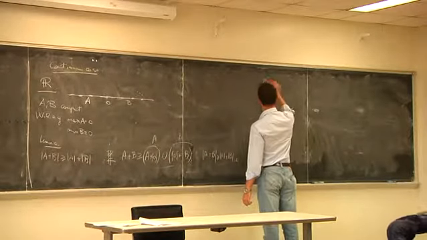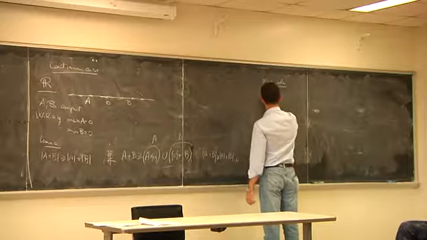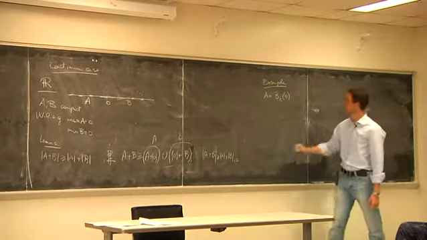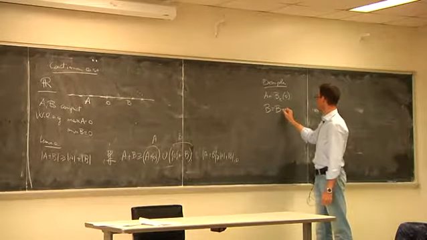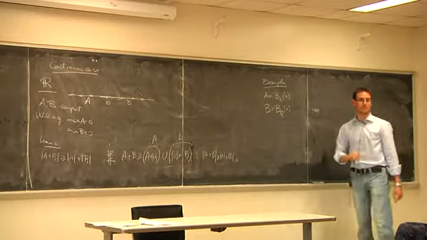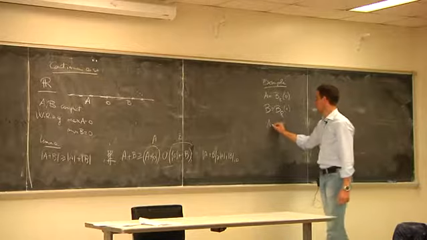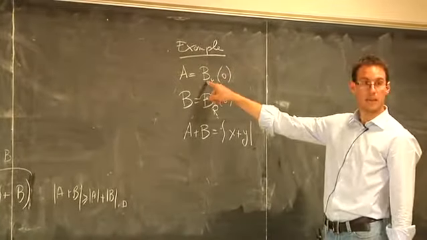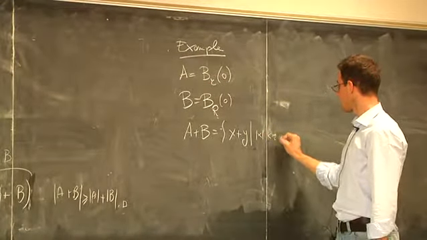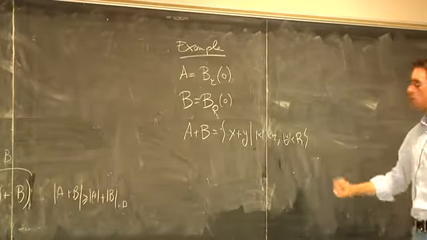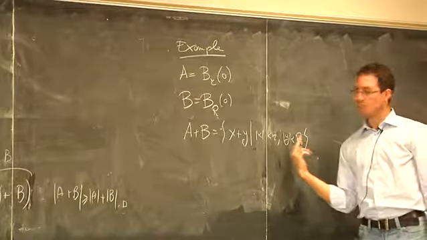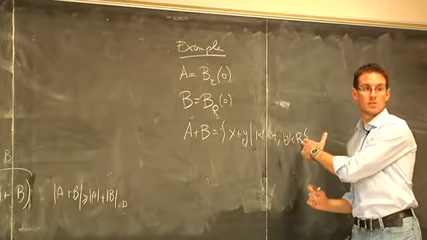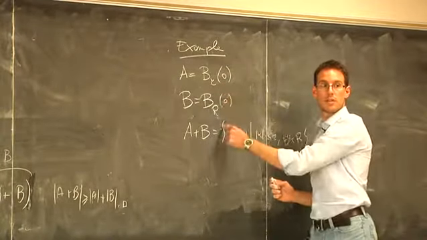Let's start with an example. I'm going to take A to be the ball of radius little r centered at 0, and capital B to be the ball centered at the origin of radius capital R. And now I look at A plus B. This is the set of x plus y, such that x is in A, so the modulus of x is less than little r, and the modulus of y is less than capital R. When you take sums of elements like this, the sum is going to have modulus less than little r plus capital R. So this is contained in the ball of radius the sum of the two radii.